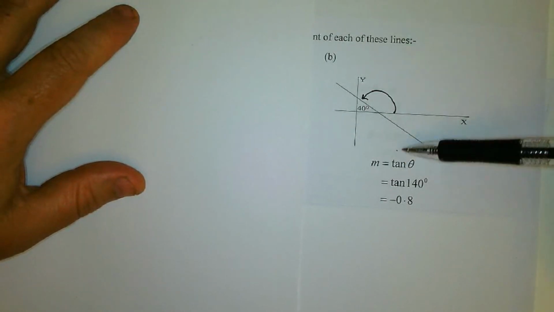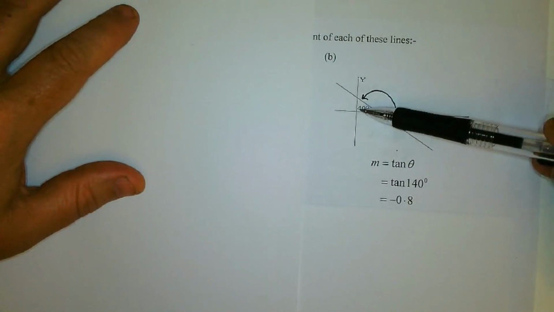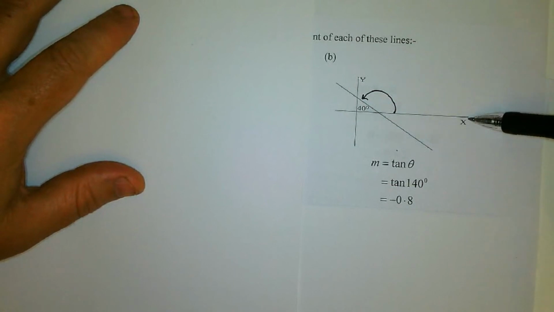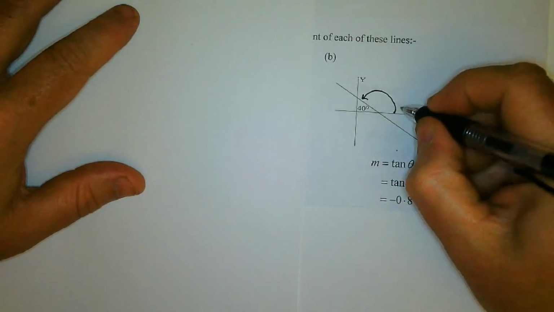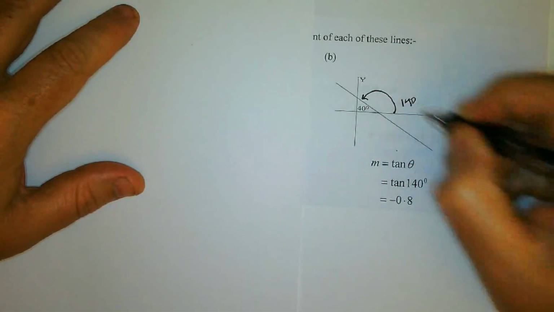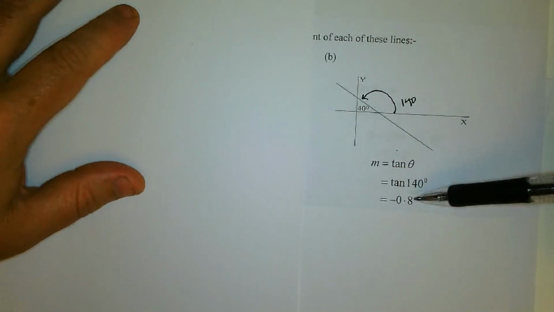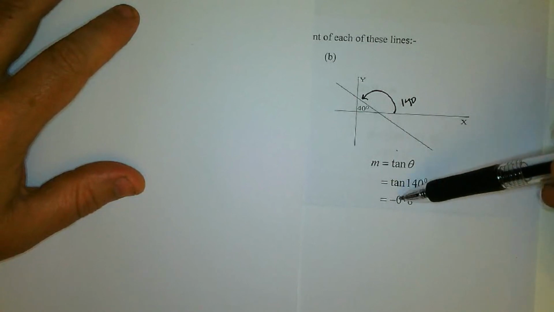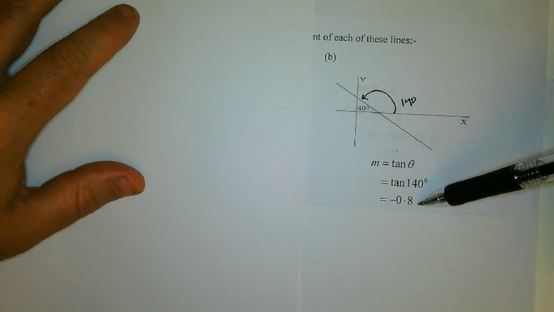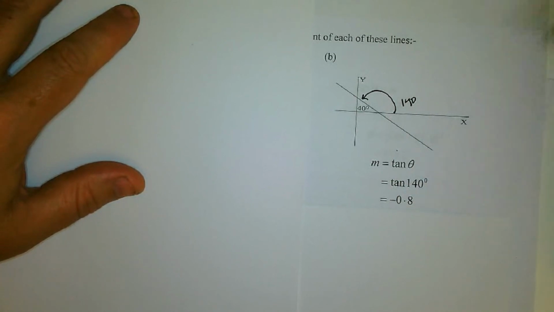So here's this one here. Now I like to always find that angle, and you can tell there's a 180 degrees, it's a straight line, so this angle in here must be 140. So m equals tan theta, tan 140, and if you do that in a calculator it will give you negative 0.8.